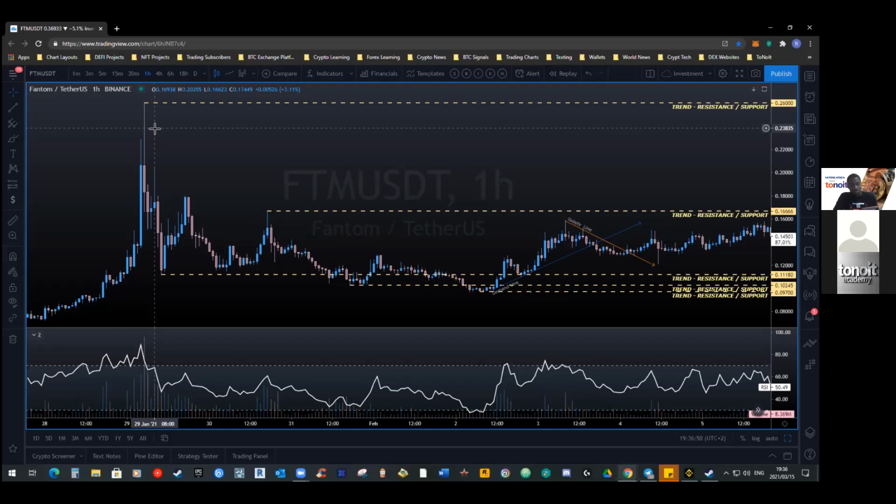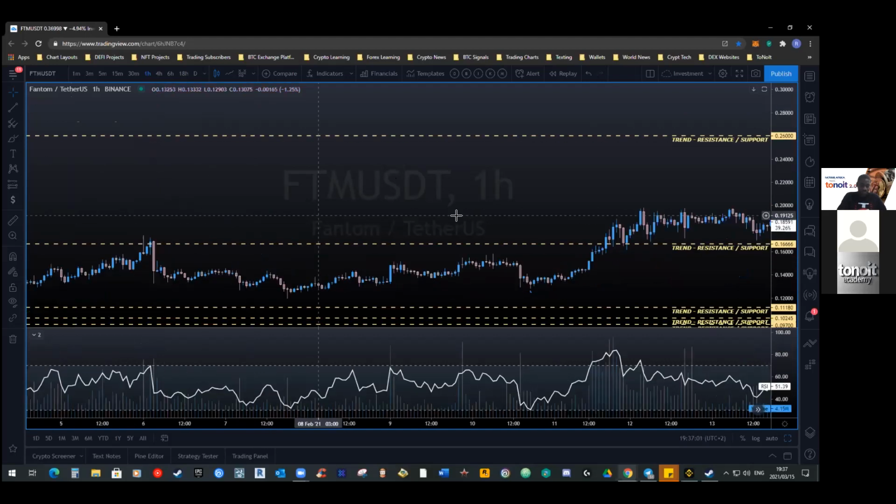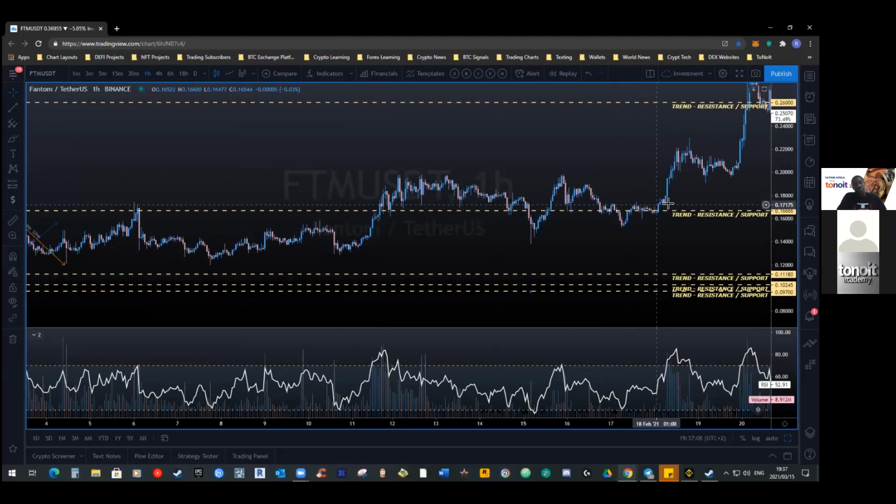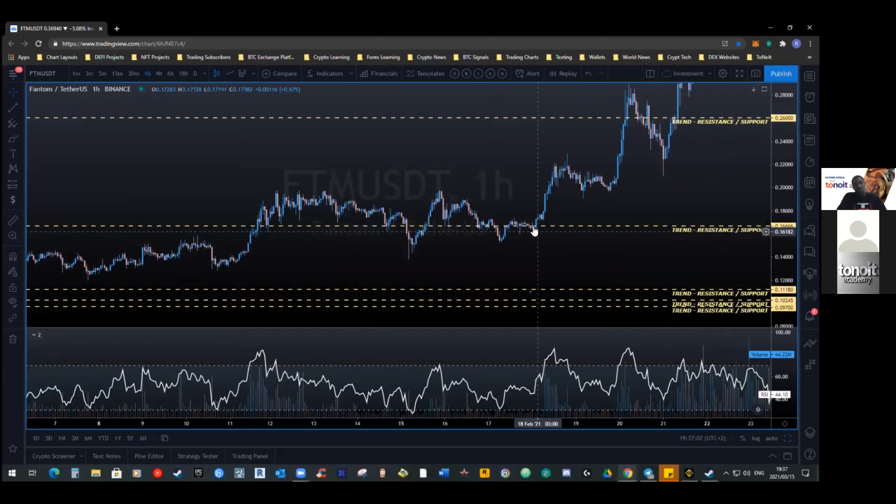You're going to act on it, which means a beautifully drawn resistance line that's now turned to support. If I'm going to start trading and saying, hey, look at this, this was a resistance. We've broken through it. We tested it. And now it's support.